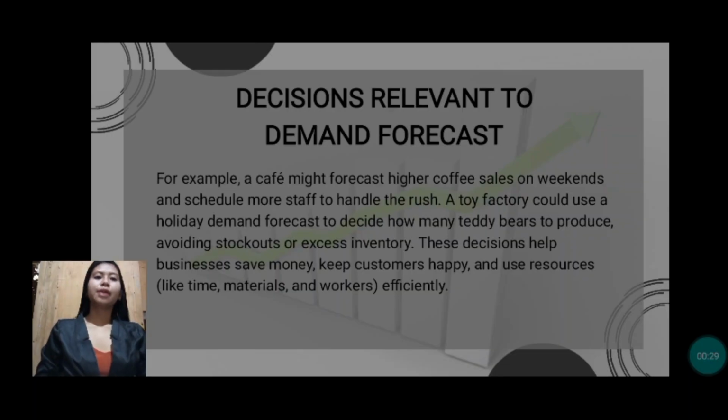Another example, a toy factory could use the holiday demand forecast to decide how many teddy bears to produce, avoiding stockouts or excess inventory. These decisions help businesses save money, keep customers happy, and use resources like time, materials, and workers efficiently.